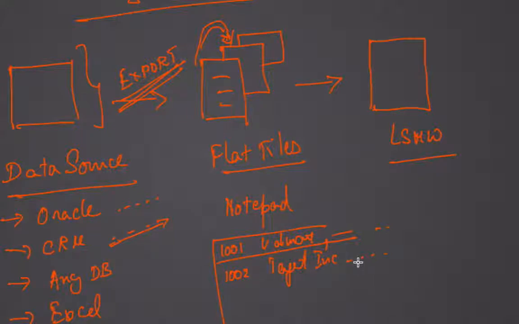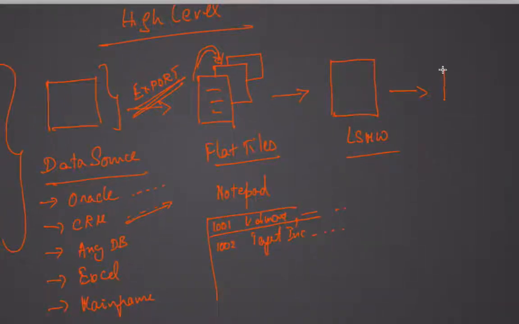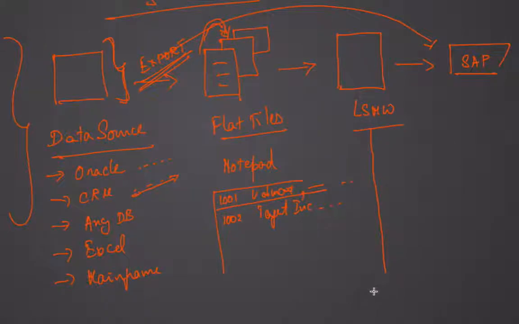And step number 4 is your target, which is SAP. So at the end of the day, what we're essentially doing is bringing this data into SAP, and in order to bring this data into SAP, LSMW provides a bunch of methods. These methods are also called import methods. So what are the import methods that are supported by LSMW?